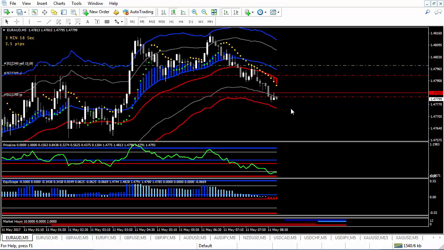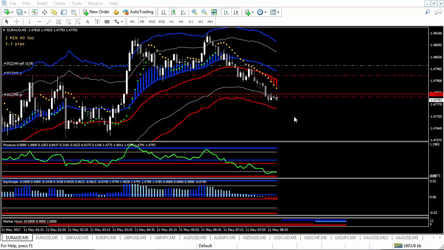Now, if it doesn't get hit, as it almost did here, we're a fraction of a pip away, probably 1/10 of a pip away. It didn't hit, and then it pulled back considerably. And it looks like it's back on the way again. But if it doesn't hit our take profit, and it does hit our stop loss, we're still going to make money on this trade.